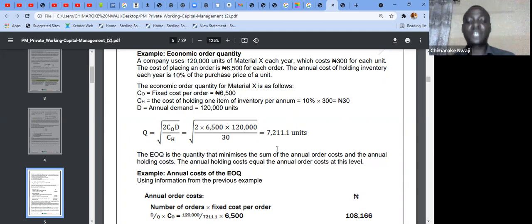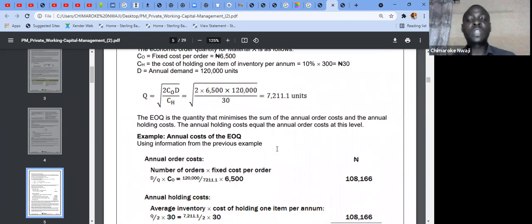Now let us see the annual holding cost and the annual ordering cost, and let's see something that we can learn from this.